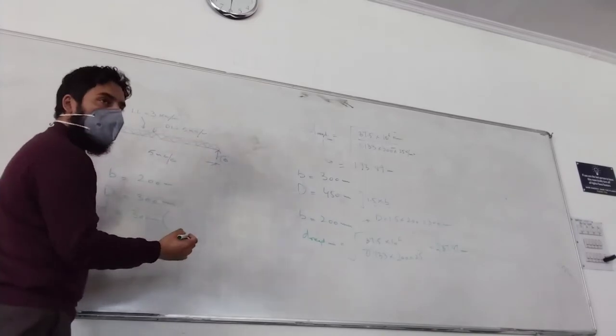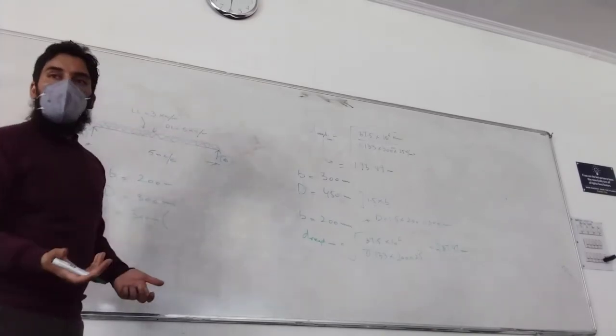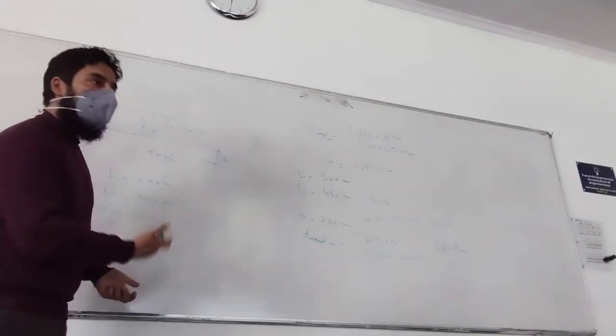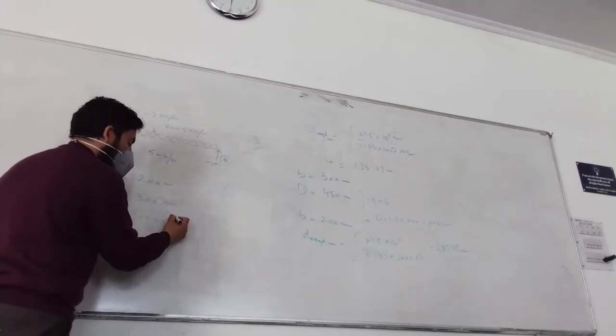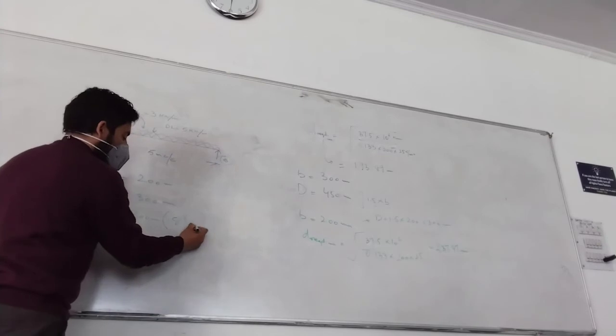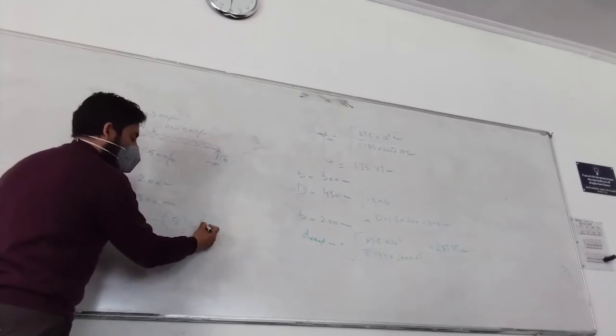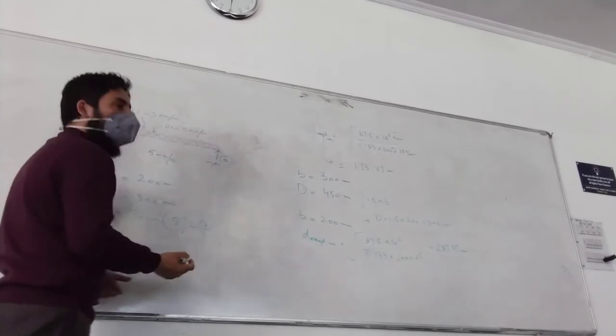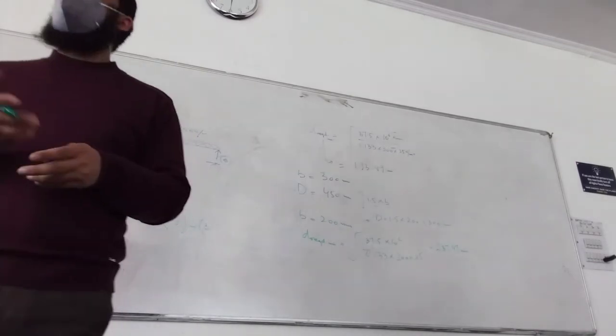stirrups. We don't know yet, but at this stage let's say, for example, I am using an 8 mm stirrup. The cover is not given in the question; mild exposure, extreme exposure.